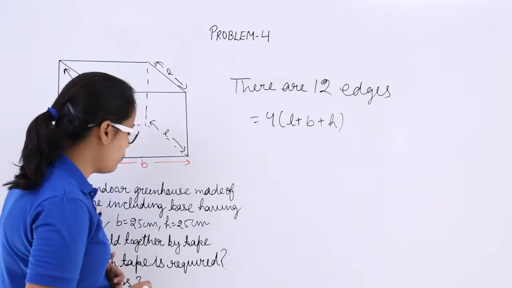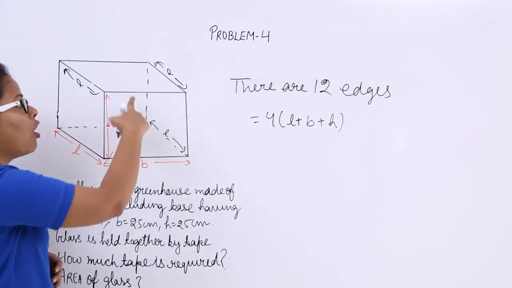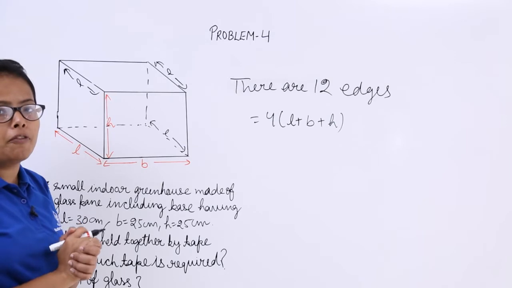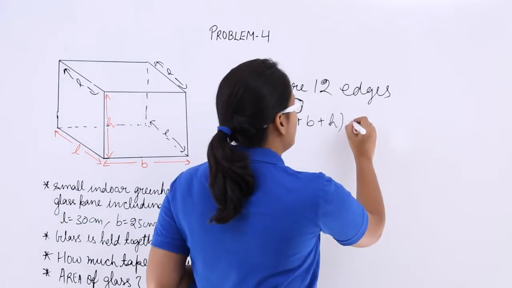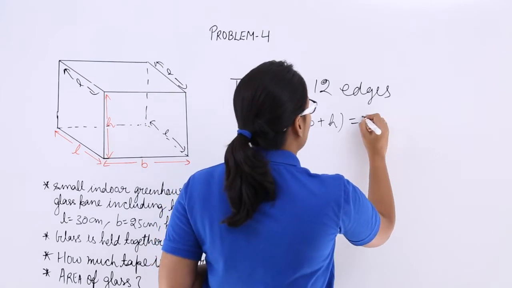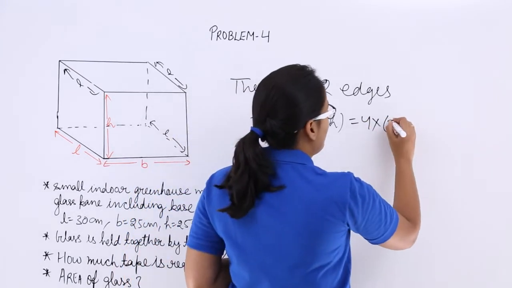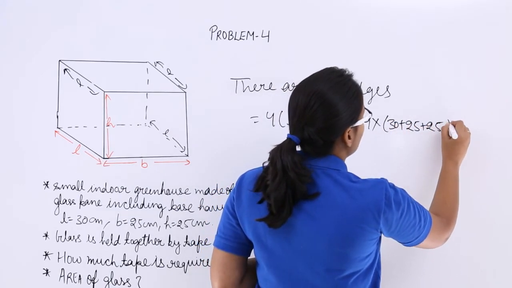So what do you have to calculate? You need to calculate the tape required, because all these glass panes are joined together with the help of a tape. So all this tape is nothing but the edges. So let's calculate this sum. The value for L is 30, B is 25, H is 25.